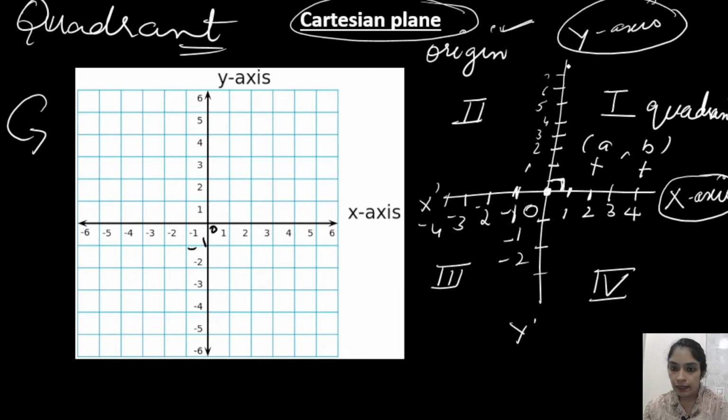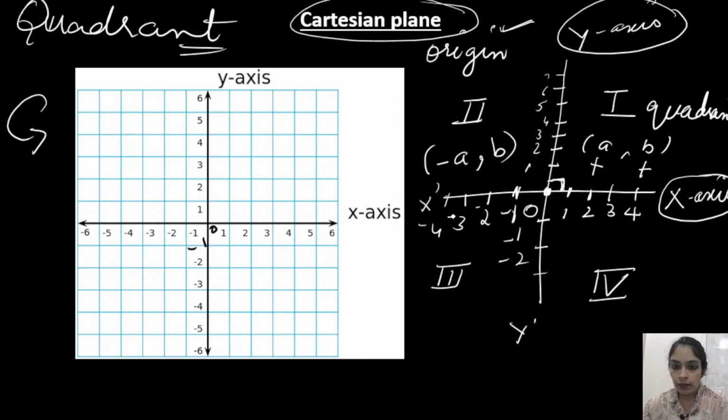You can see here x is positive, y is positive. In the second quadrant, you can see y is positive but x is negative, so it will become minus a, and y is positive only. First quadrant, both positive. Second quadrant, x is negative, y is positive.